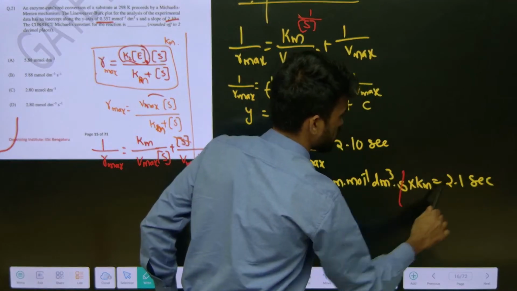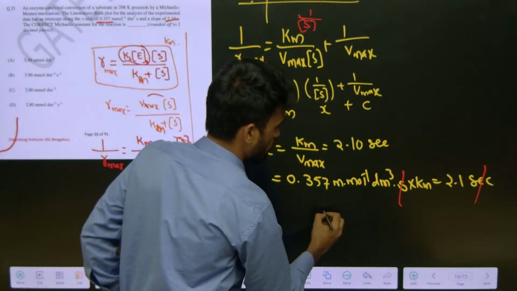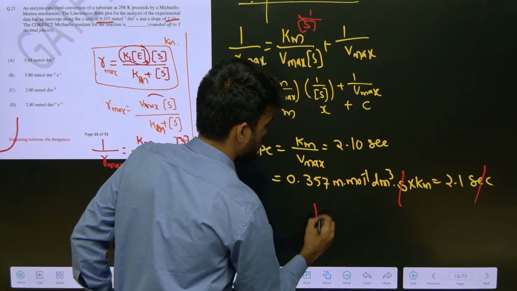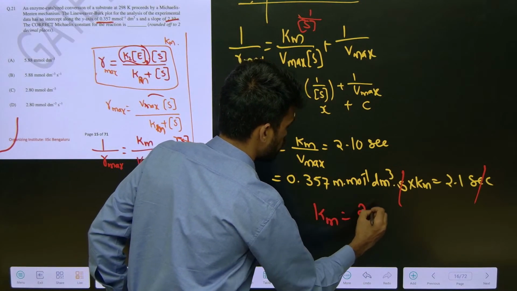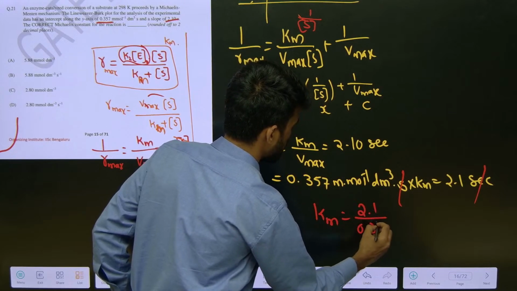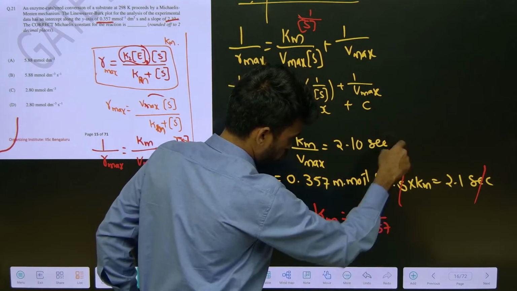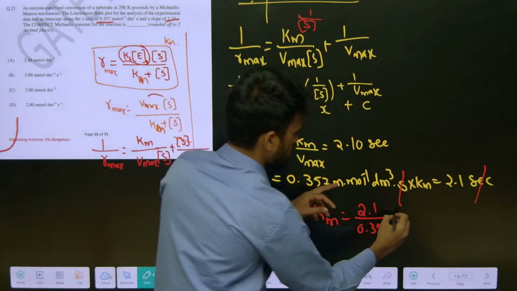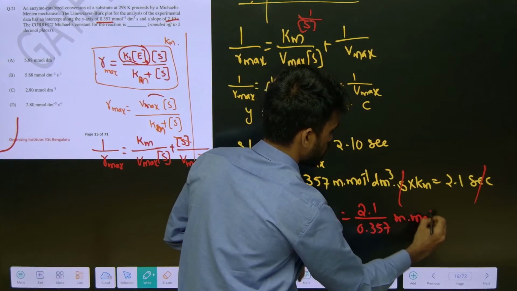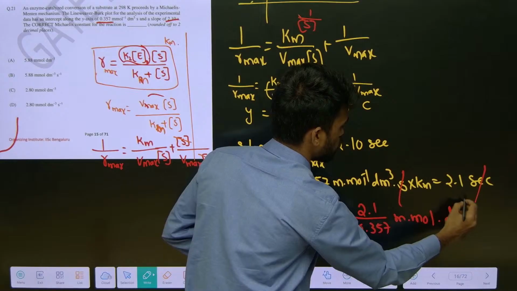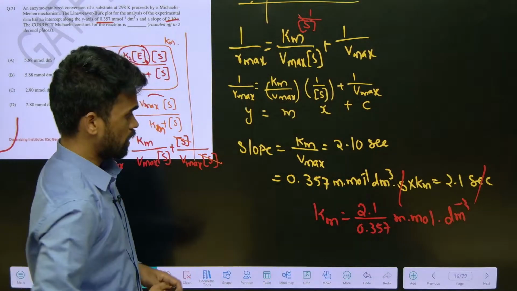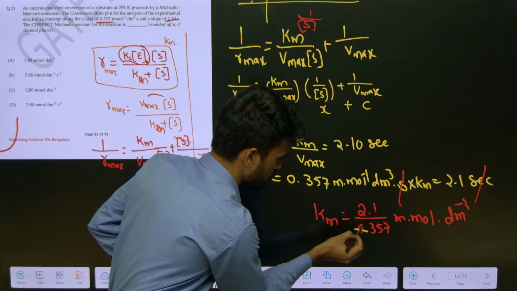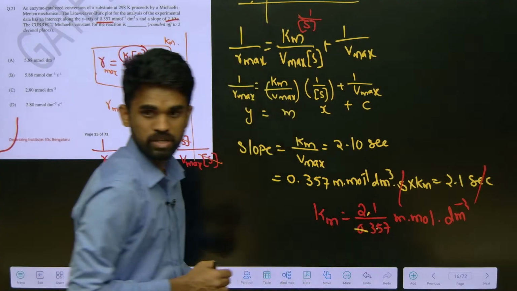So you can remove this second. Okay, so our answer will be Km is equals to 2.1 by 0.357. Units will become reciprocal. So millimole decimeter cube inverse. Okay, so this is, see, almost I can say 21 by 3.57.